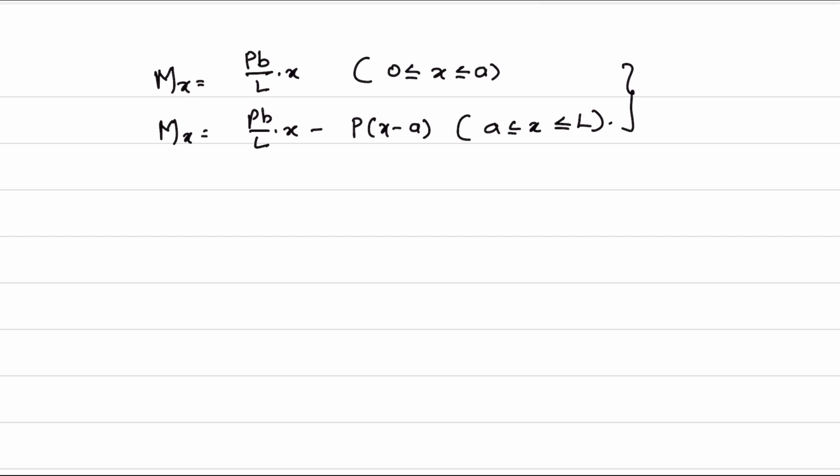What are the boundary conditions? MA is equal to 0, MB is equal to 0. These are the two boundary conditions for a simply supported beam. At end supports, the moment is 0.